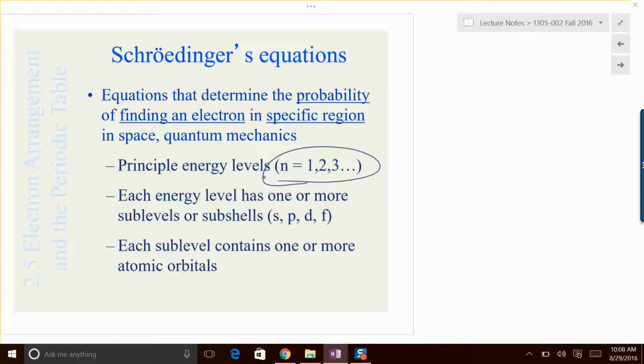Phosphorus? Phosphorus is P. 3P, 1, 2, 3. 3P3. Phosphorus is 3P3. That's its location on the periodic table. Okay? How about selenium? 4P4.